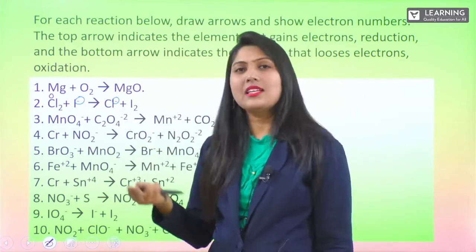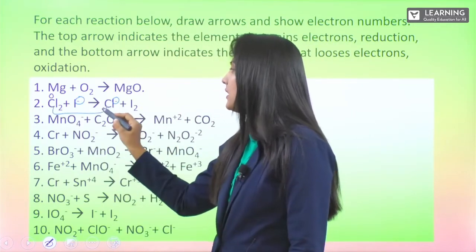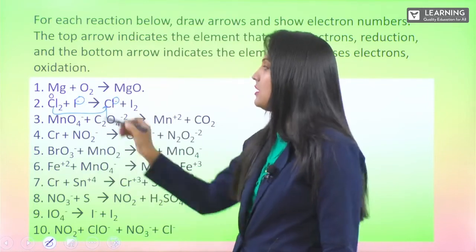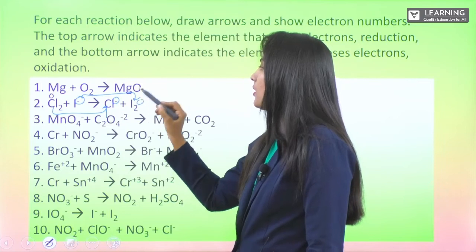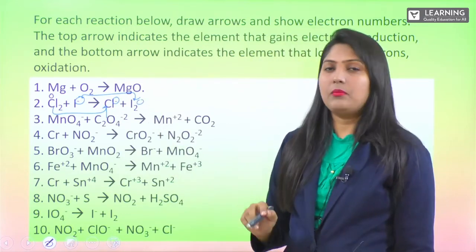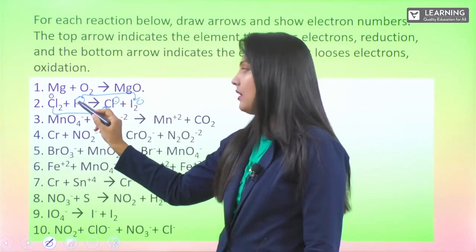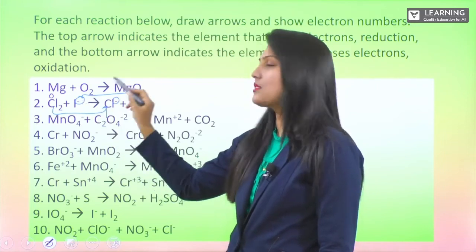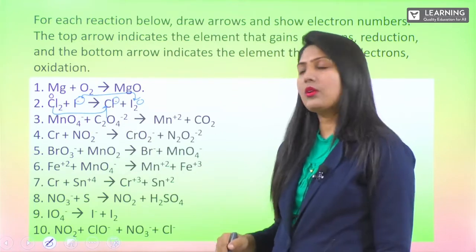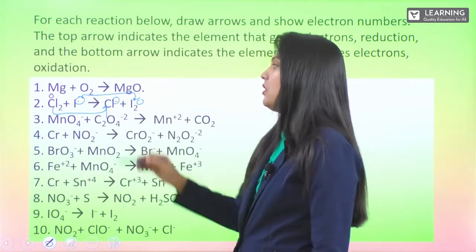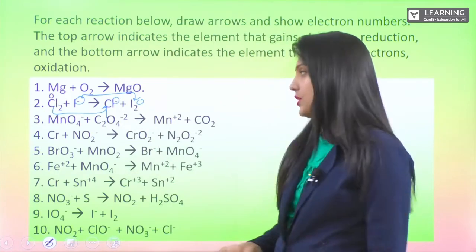Gain of electron is reduction. So chlorine is undergoing reduction, whereas iodine is undergoing oxidation because it is losing electrons. Iodine is losing electrons, chlorine is gaining electrons. So chlorine is undergoing reduction, whereas iodine is undergoing oxidation.